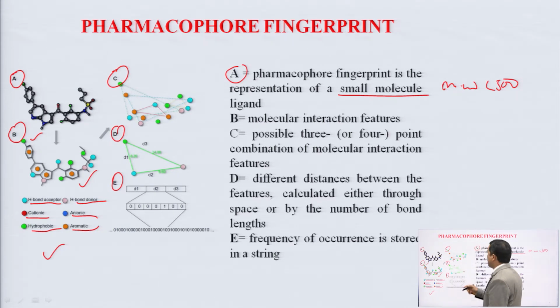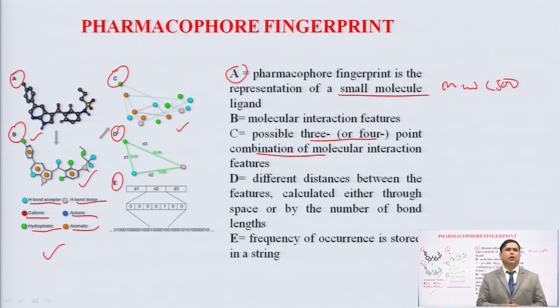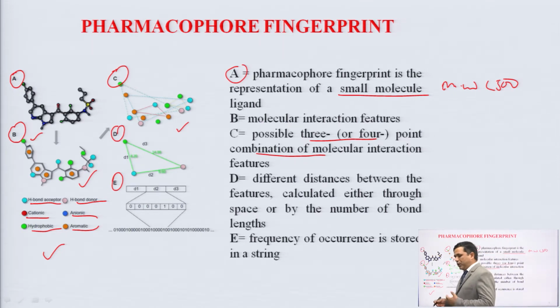Now, come to figure C. This is the possible 3-point or 4-point combination of the molecular interaction features. Not all the features are responsible for the interaction, only the 3-point or 4-point interaction features are responsible for the interactions with the target.